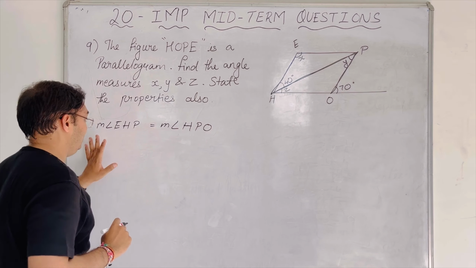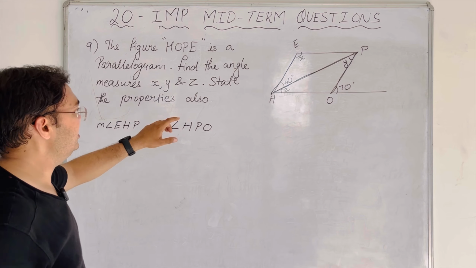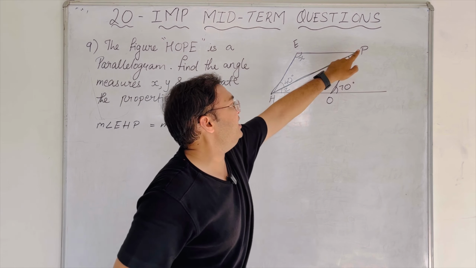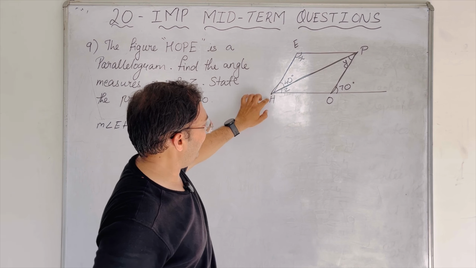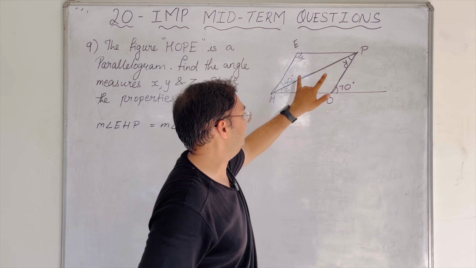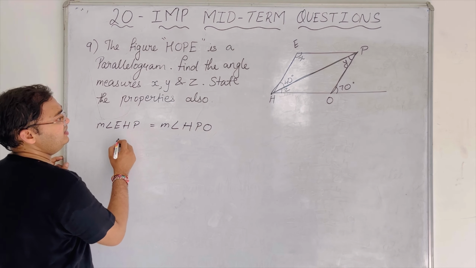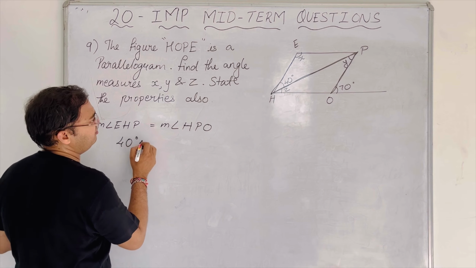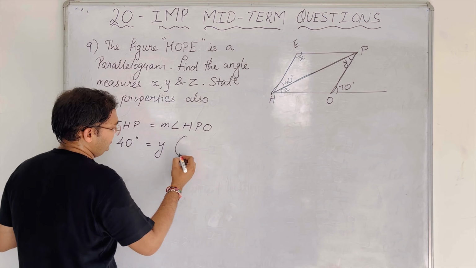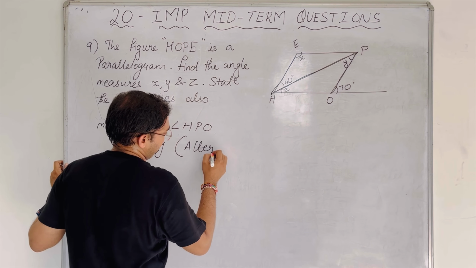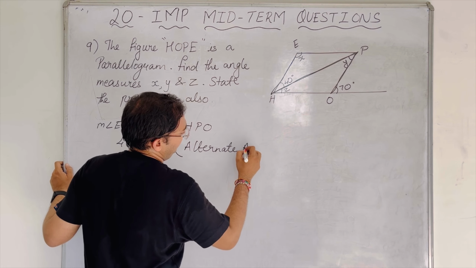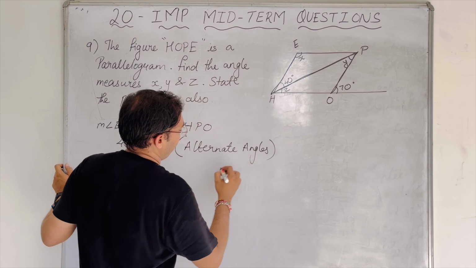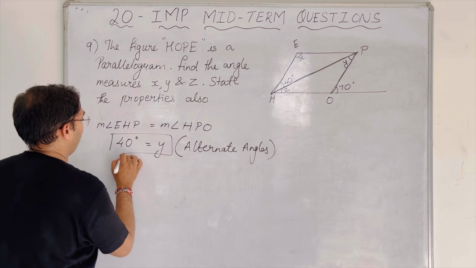See what I am writing, see carefully. EHP, that means this angle, and HPO, that means this angle, they both are the same. That means your 40 degrees is equal to y, and the reason is alternate angles. So from here we found y.